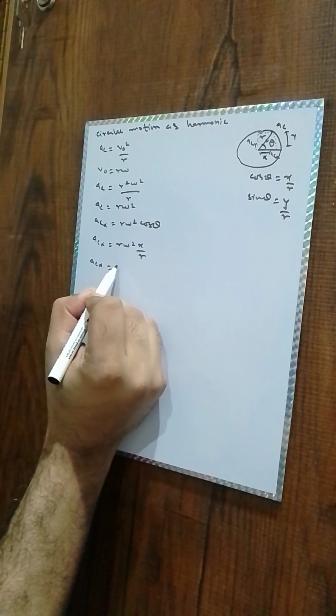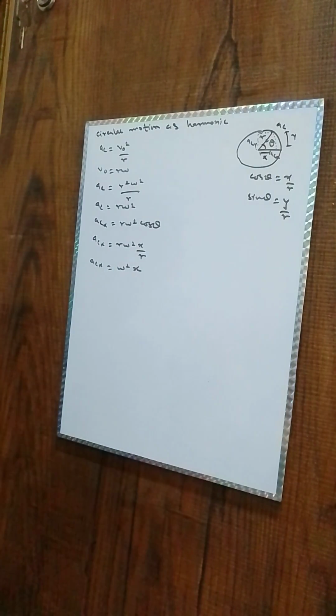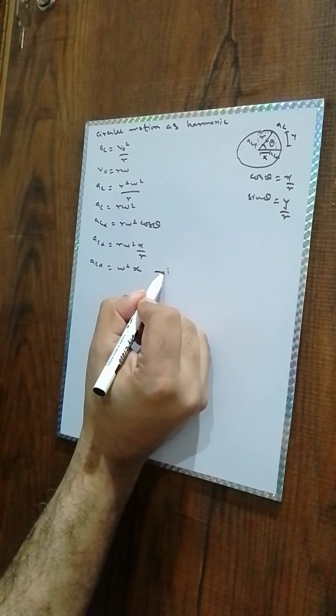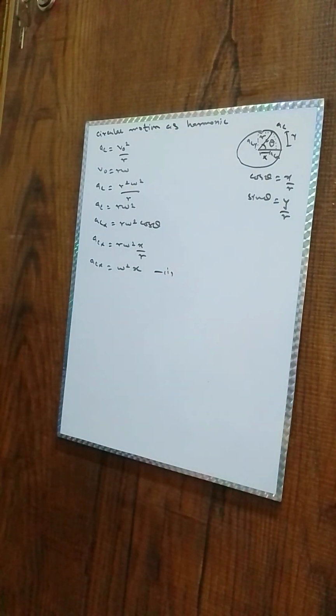So ACX, the x component of centripetal acceleration, is very much omega square x, which is the standard form of acceleration in harmonic motion. Okay, so this is of interest. Highlight it, rather mark it.